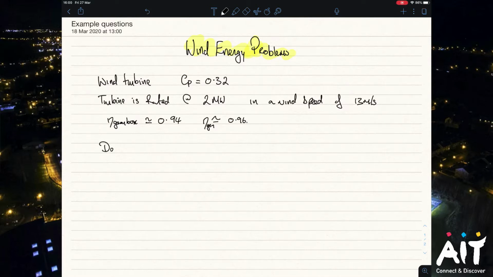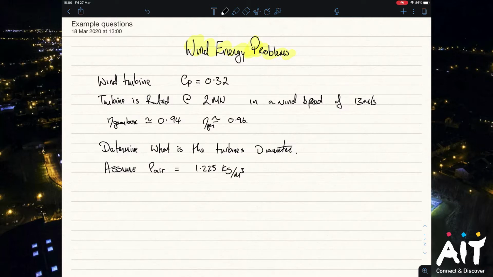We want to determine what is the wind turbine diameter. We're also going to assume that the density of air is equal to 1.225 kilograms per meter cubed.